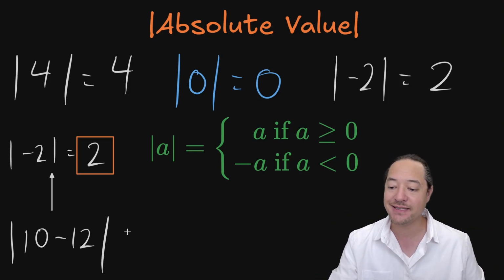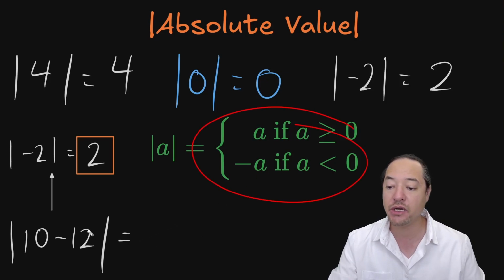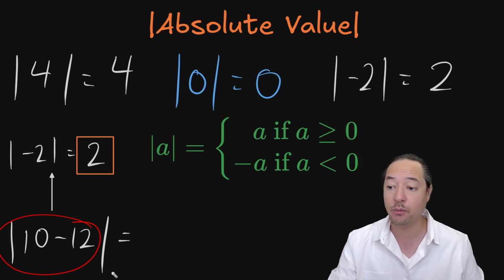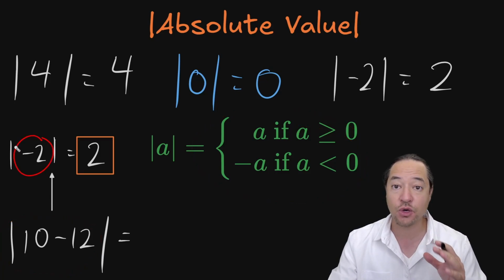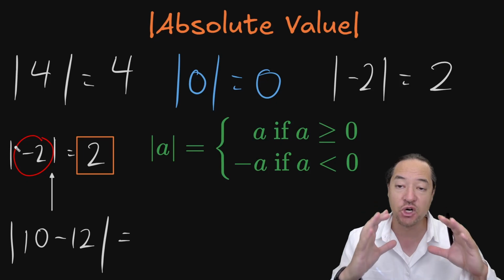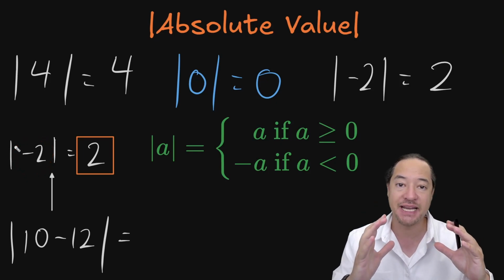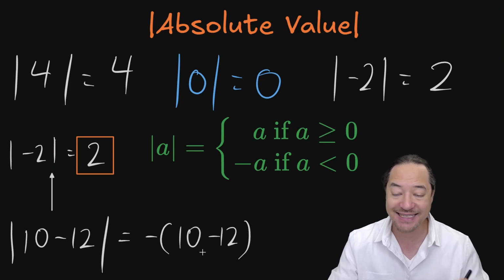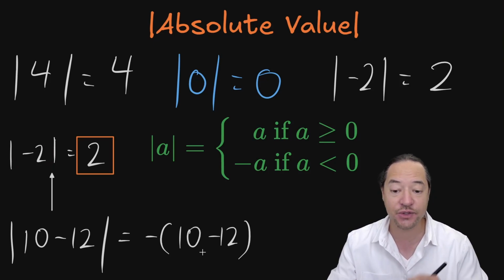Another way we can do this is to think about essentially this rule, right? And so we know that what's inside here is going to be a negative number. It will be -2. So I need to essentially multiply what's inside by -1, right? So what I'm going to get is -(10 minus 12). That is the same as taking the absolute value of 10 minus 12.